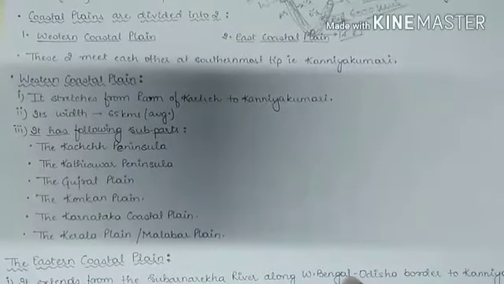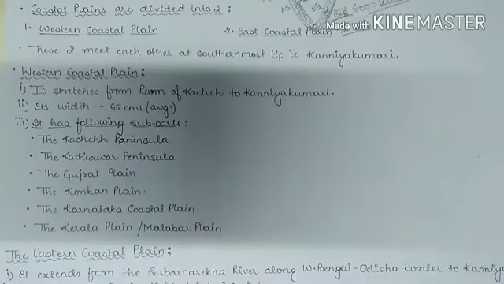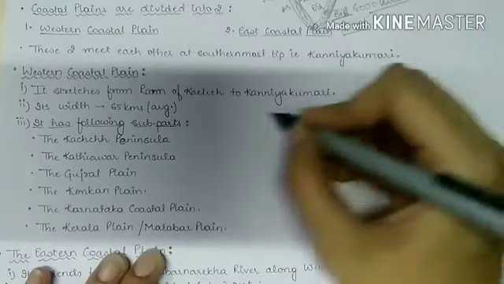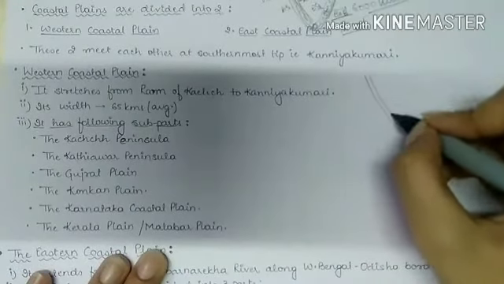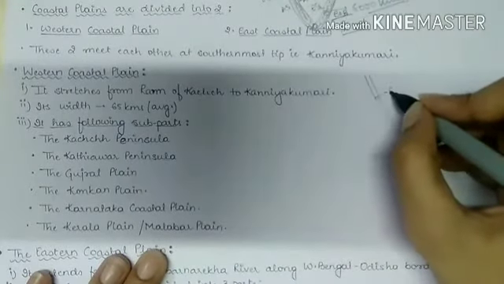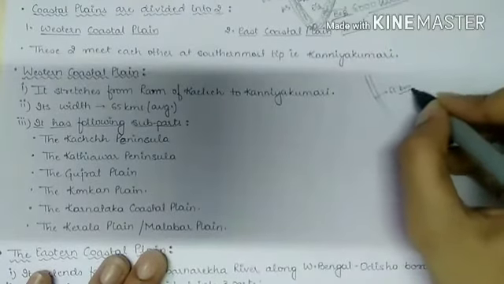Now the western coastal plain stretches from Rann of Kutch in the north to Kanyakumari in the south. It is a narrow west coastal plain with an average width of about 65 kilometers. Okay.